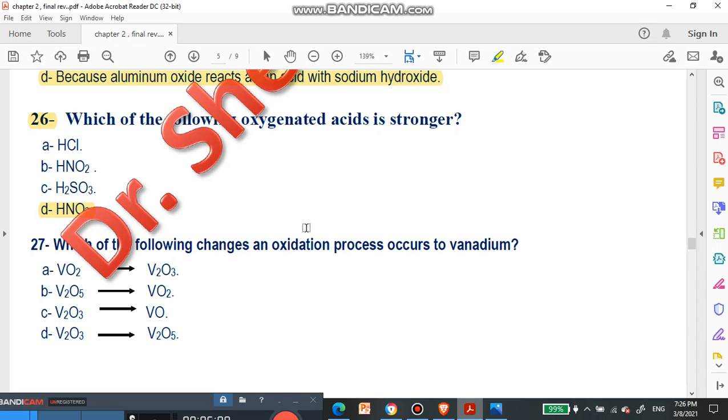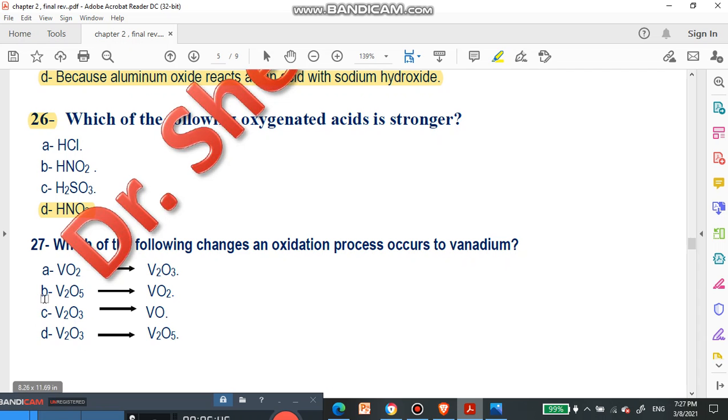Let's go into question number 27. Which of the following changes represents an oxidation process occurring to vanadium? We said before, making oxidation means increasing the positive charge, or increasing the number of oxygen atoms connected to the compound.